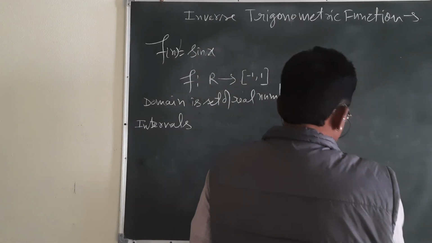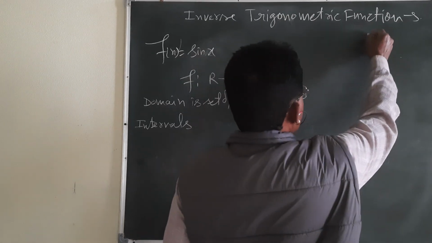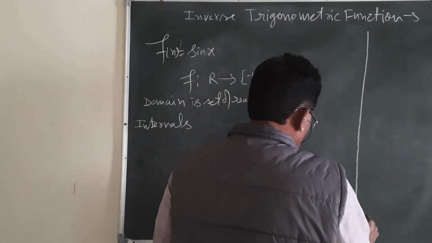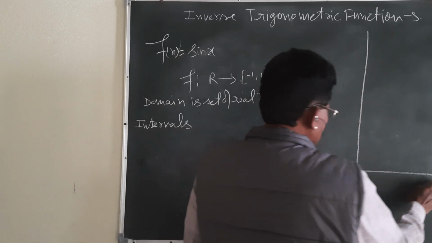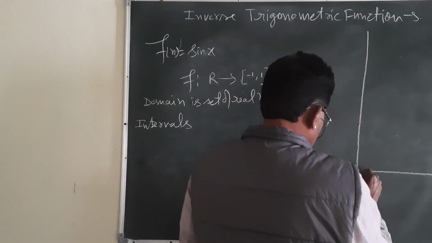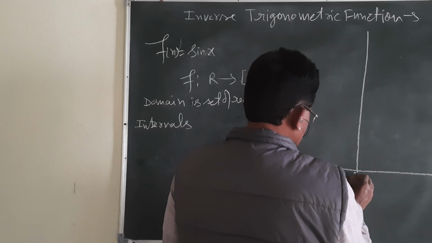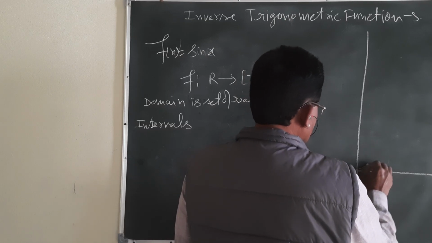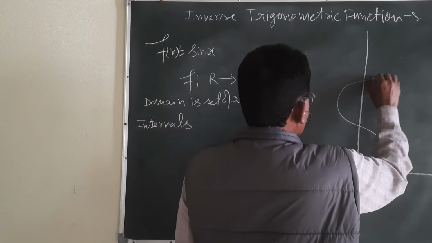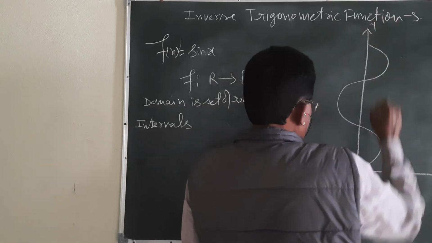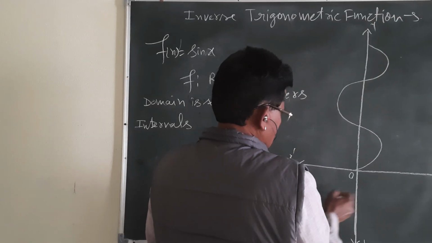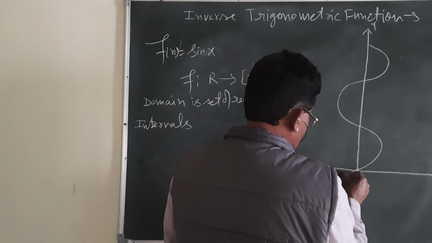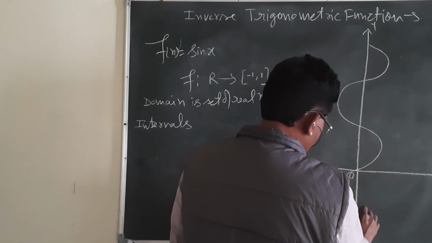Dear student, both graphs are very difficult to draw due to less space. See this one, and this is the origin. I am taking like this. This is y, x-axis, and here also you can take like that.